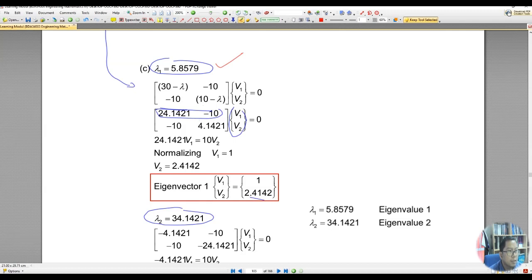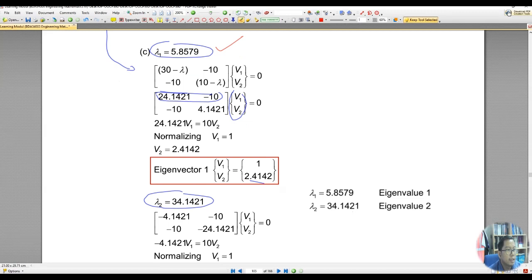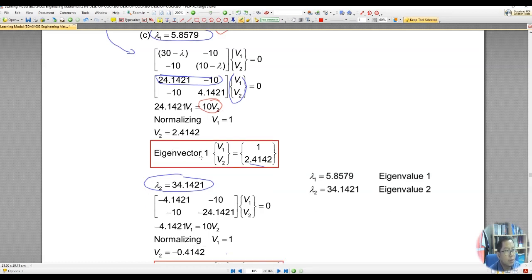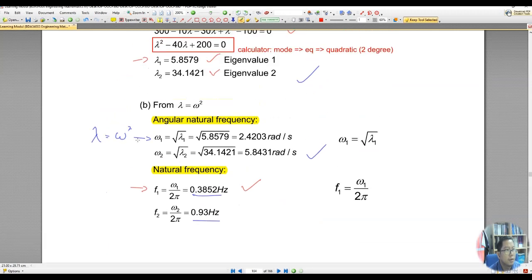All these elements we multiply by v1 in the first row, and then by normalizing v1 equal to 1, we get v2 equal to 2.4142. So eigenvector 1 is 1 because we normalized v1, and v2 is 2.4142.